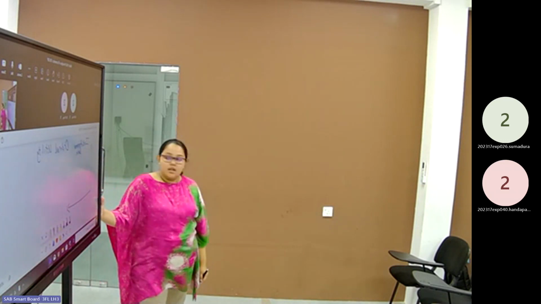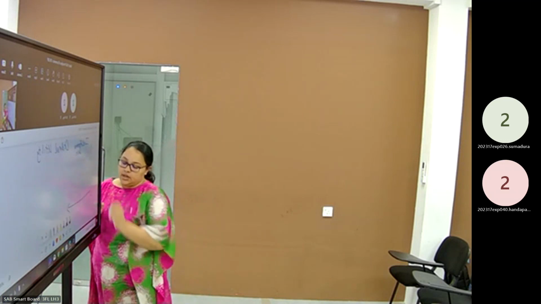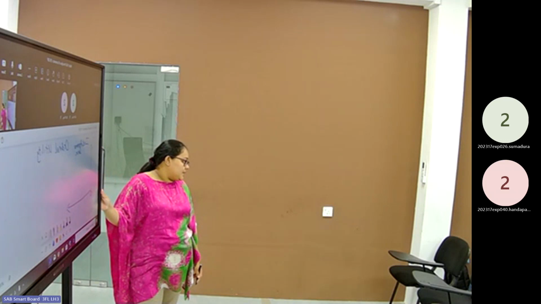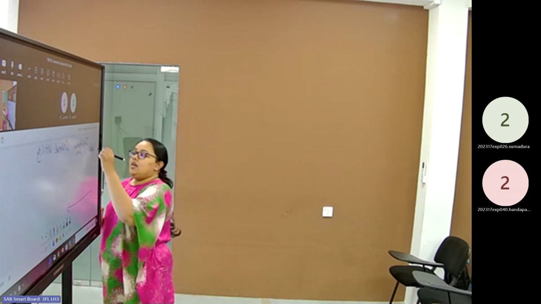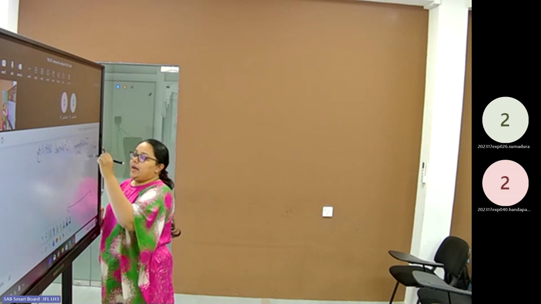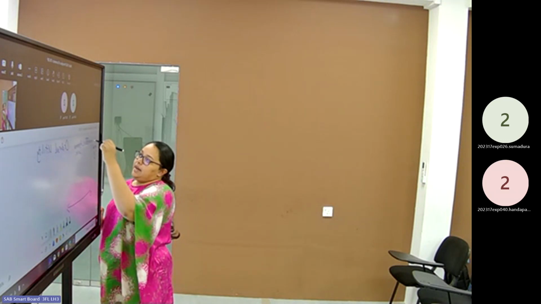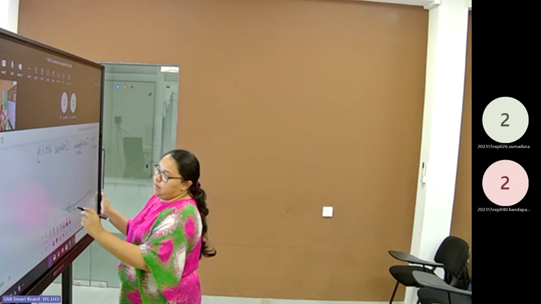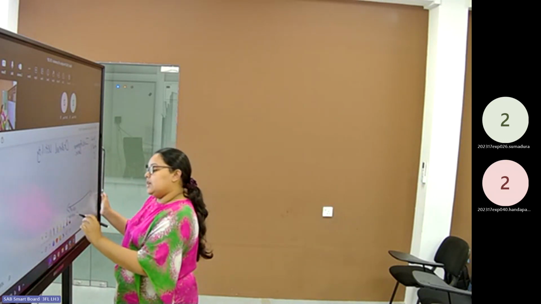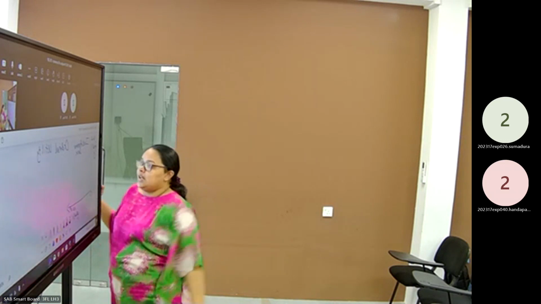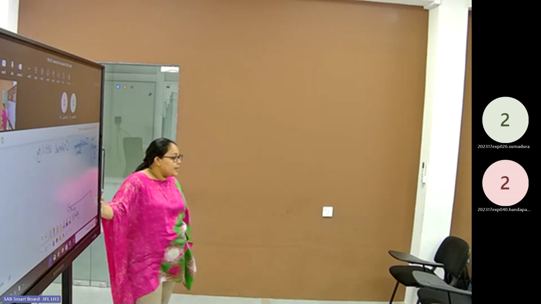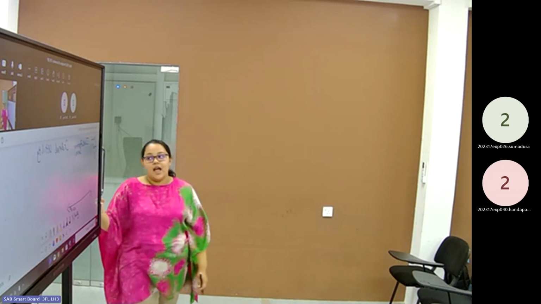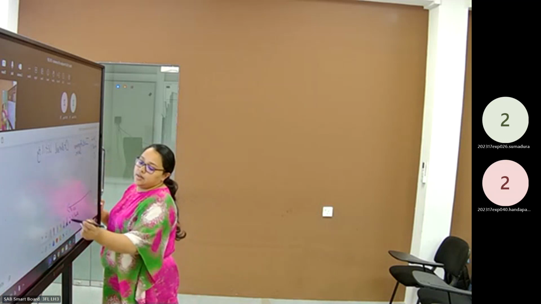The indifference curve axes will consider two particular goods. Here, number of good Y, and here, number of good X. In the indifference curve, we will have a curve like this.